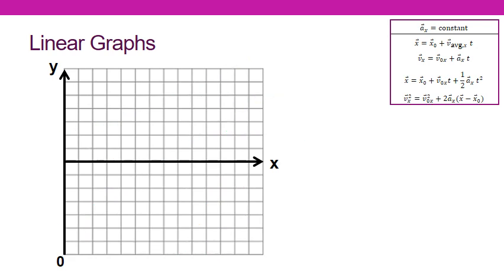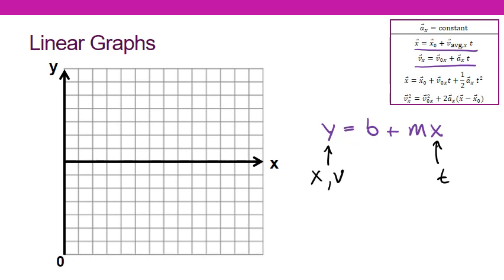So how might these linear graphs appear in our kinematic equations? Well, if we look at these first two equations, both of them have a form that is y equals some constant plus m times x, where x is our time and y is either our position or our velocity, right?